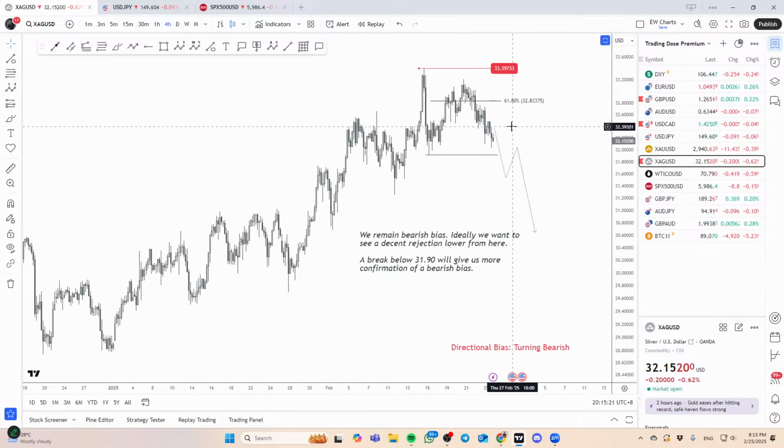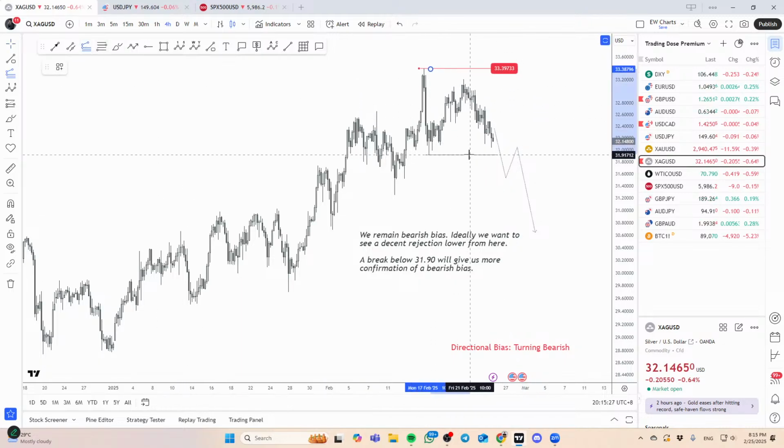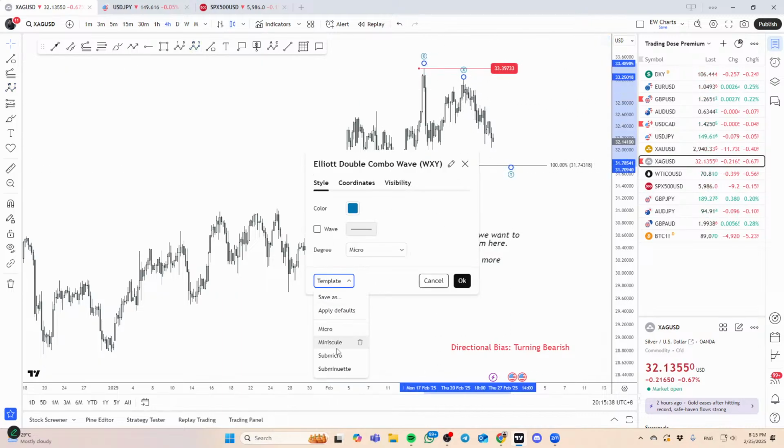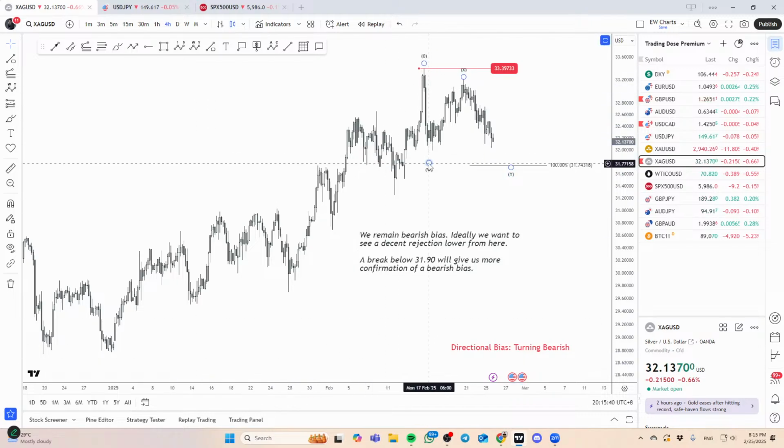Silver. Silver is coming down pretty nicely. If I just do a simple projection as to where we would likely see some reaction, the most conservative and simplest form of projection would be an equal leg.